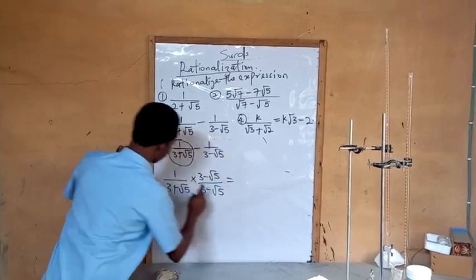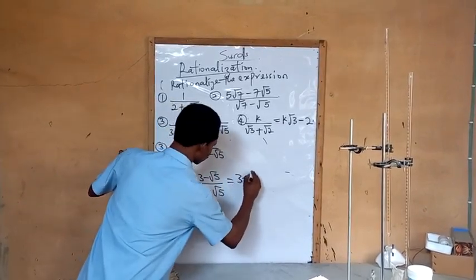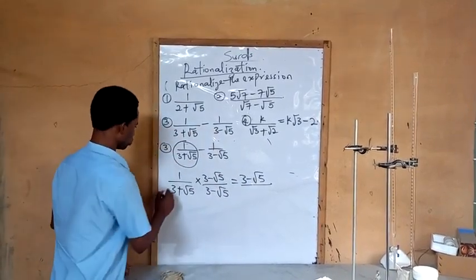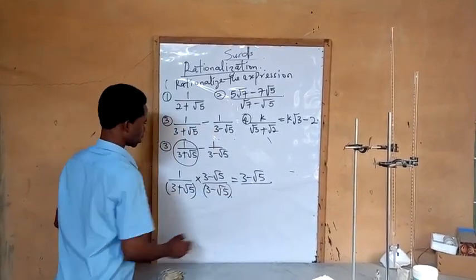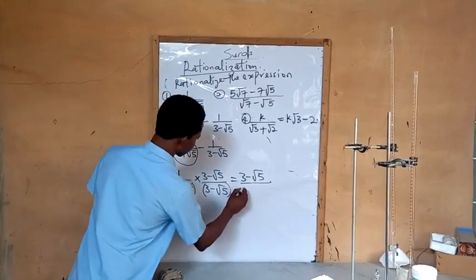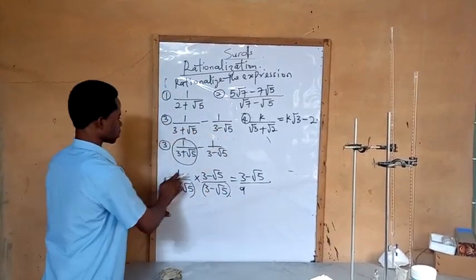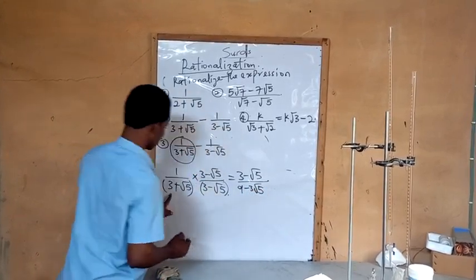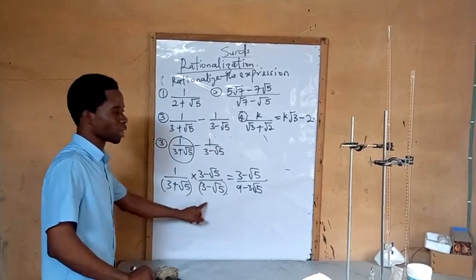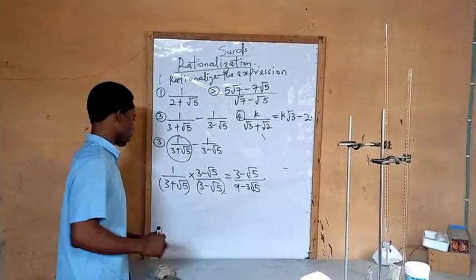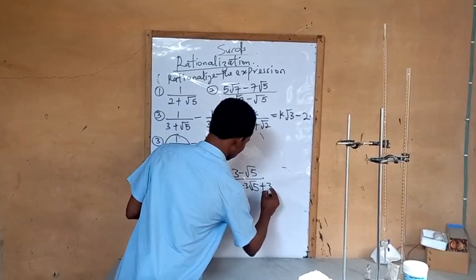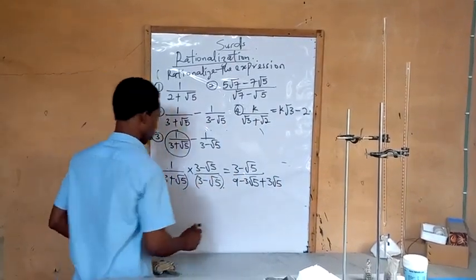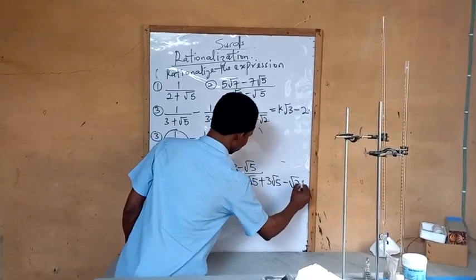So 1 times this is 3 minus root 5, all over, you multiply this one by this. 3 times 3, 9. 3 times minus root 5, minus 3 root 5. You use this also to multiply this and this. Plus root 5 times 3 is plus 3 root 5, and plus root 5 times minus root 5 is minus root 25.